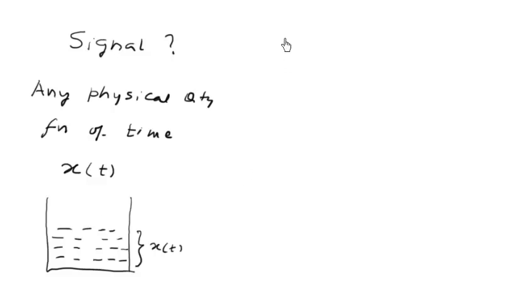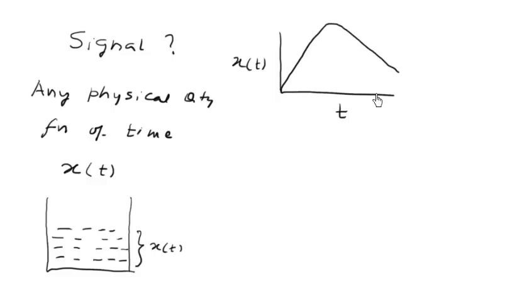Therefore, water level is a quantity which changes from time to time and therefore can be considered as an example of a signal. Initially, when we fill the tank, the water level rises rather rapidly and thereafter it falls slowly. That is one example of a signal.